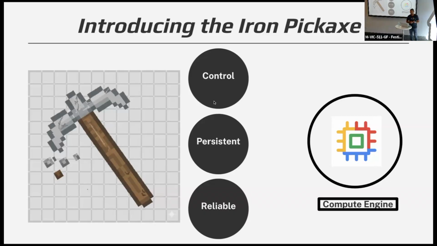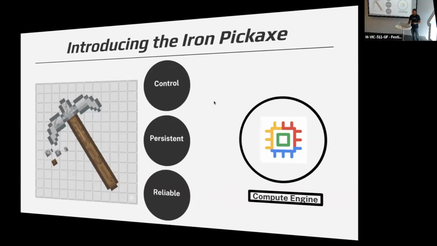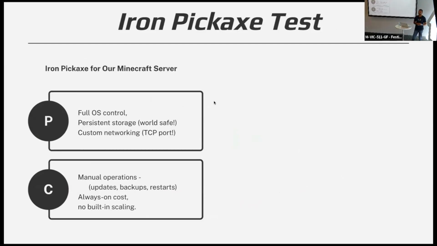The server is up and running, and as I was saying, from a scalability point of view as well, it doesn't have those limitations. I can spin up multiple instance templates under a load balancer, and it can handle the auto scaling. Now, before I take a call on that, let's do a test again on the Iron Pickaxe.